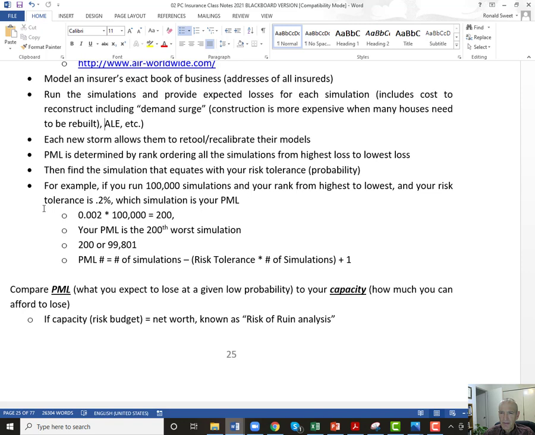So now you would think each new model causes them to increase their losses. That you would think every time they get a new storm in, they realize, wow, we need to be more conservative. Losses are larger, but that's not true. They've had some storms where their models said the losses would be much greater than they actually were. So it goes both directions. They do learn. Every storm is a learning opportunity.